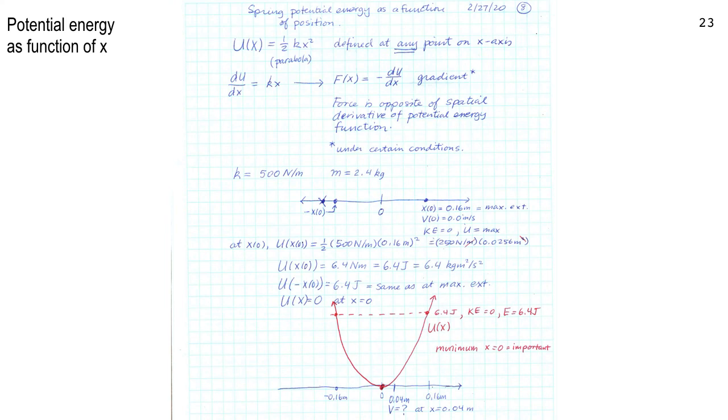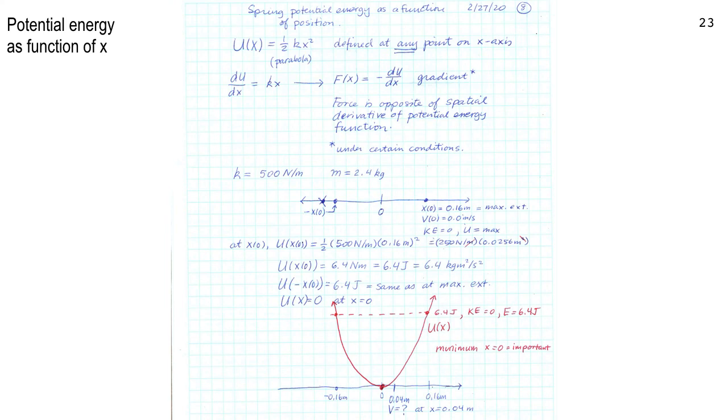Now I need a calculator. Let me use my phone. 250, so what is that, 10? No. 250 times, oh no, wait, it's 0.04 squared. Hold on a second. All right, so 0.04 squared times 250.